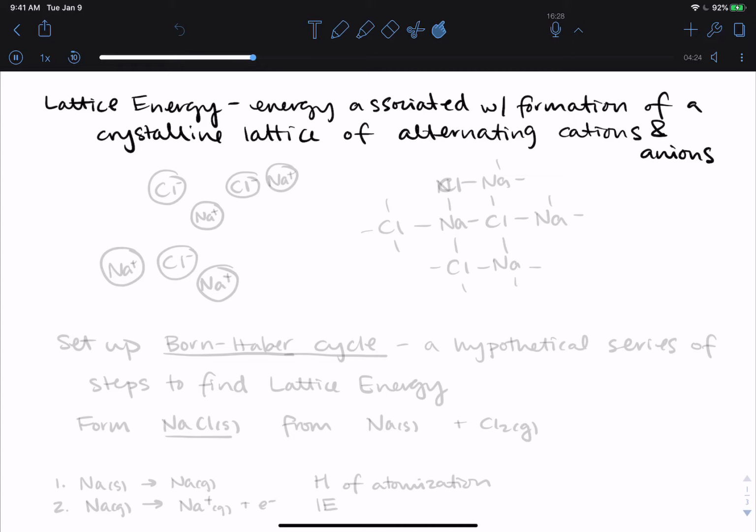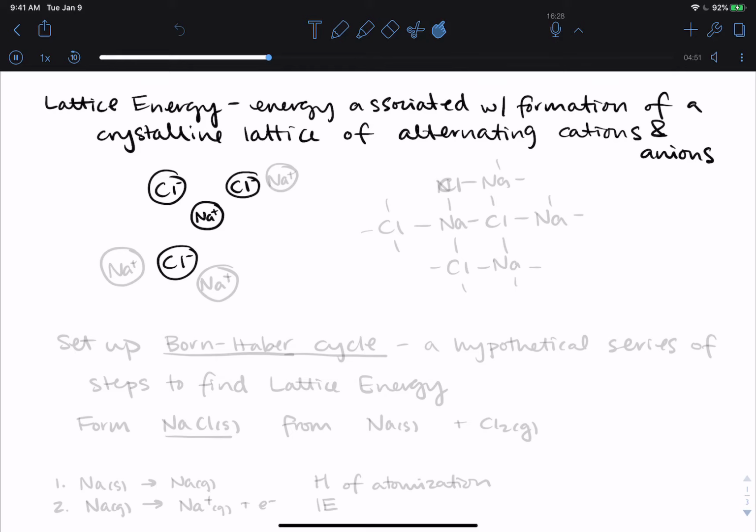So if you're sodium 1+, you have a positive charge that can attract negative charge in 360-degree space. So a bunch of Cl's will be attracted to the sodium. And I'm not going to have the right number here because I'll run out of space, but that's okay. And it's in 3D space.